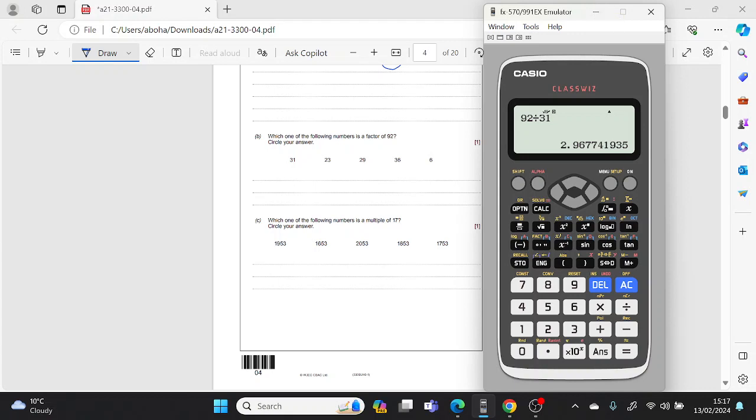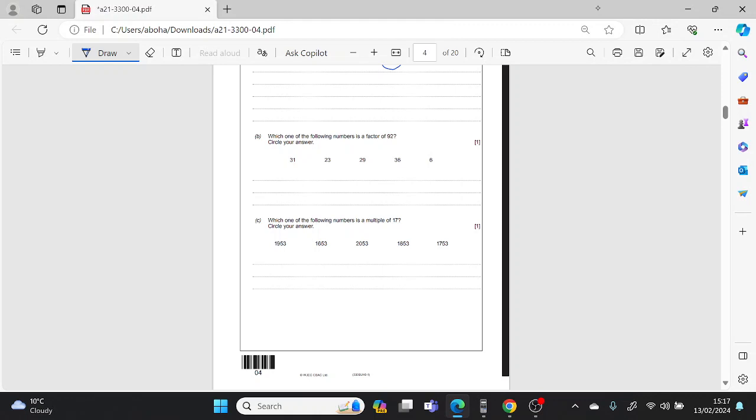So it can't be 31. I'll do one more. 92 divided by, let's say, 36. Again, it's 2.555. So 36 can't be a factor. So 92 divided by 23, and the answer is 4. That goes in exactly, so the answer is 23.